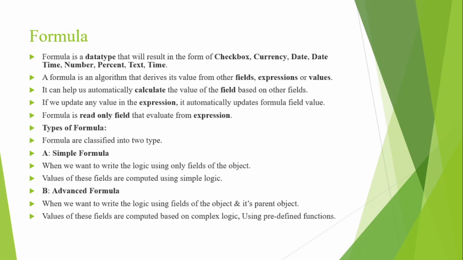A formula is an algorithm that derives its value from other fields, so it is dependent on other fields or expressions or values. Whenever a formula is calculated, it is calculated on field values or expressions or values that we are providing.